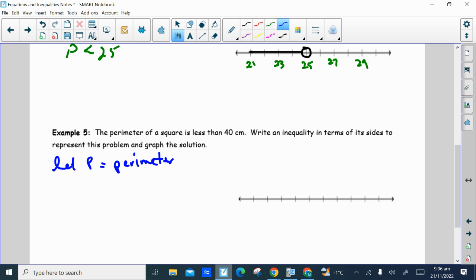So it does say write the inequality in terms of its sides, so I'm going to have to fix this. Let's say that we're going to let S equal the length of each side, because we need to write the inequality in terms of its sides.